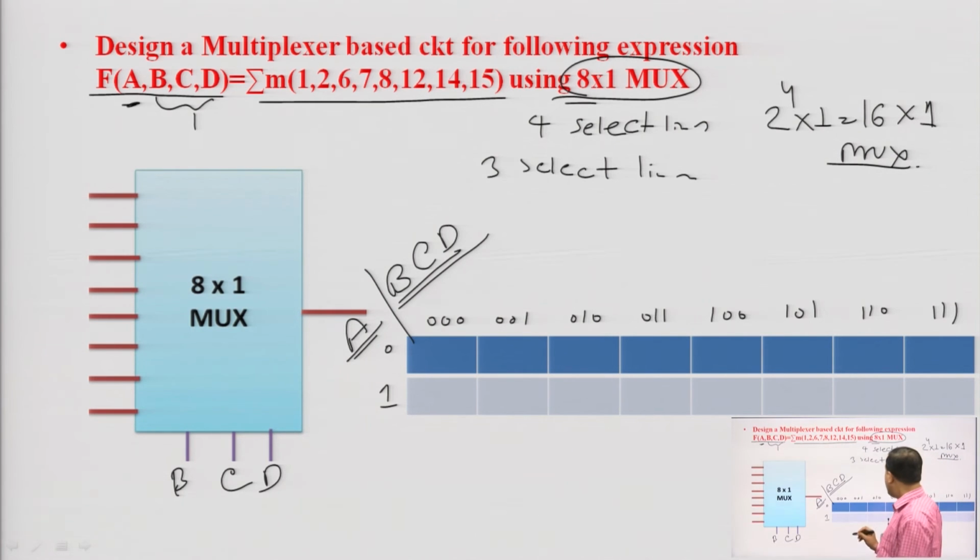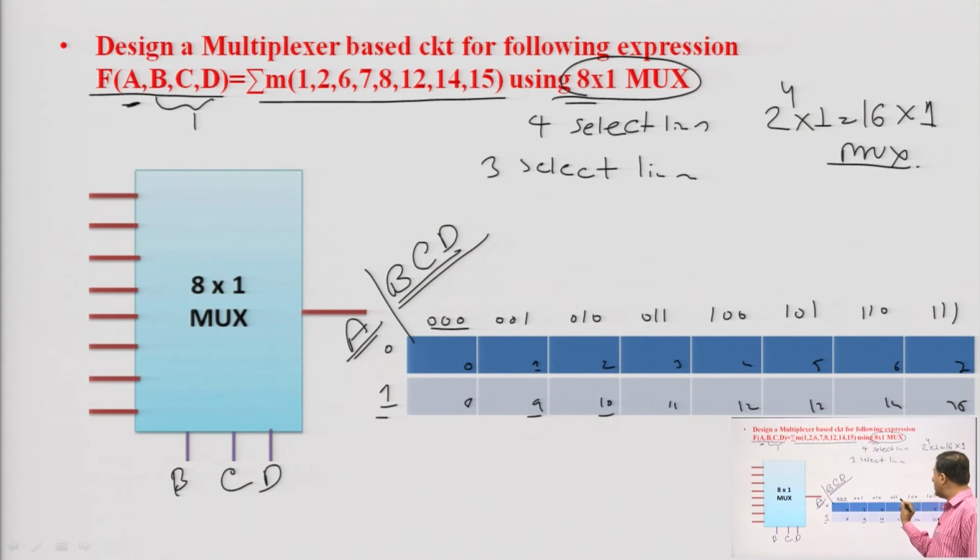So, now we put the numbering: this is 0 1 2 3 4 5 6 7, then this is 8 9 10 11 12 13 14 15. If you have any confusion about the numbering, see this is 1000, so 1000 is 8, then 1001 is 9, 1010 is 10, 1011 is 11, 1100 is 12, like that.